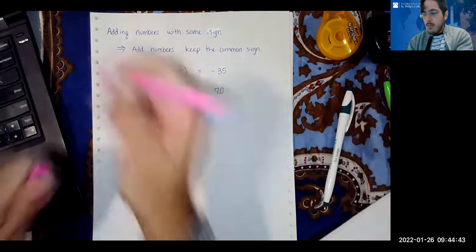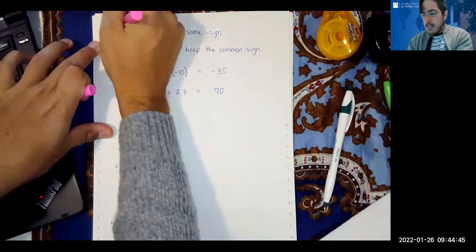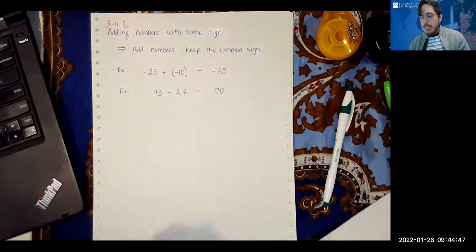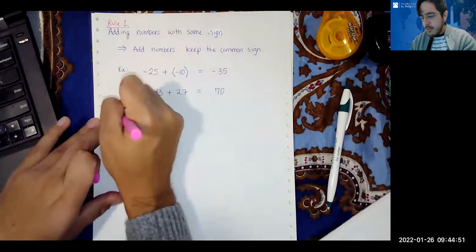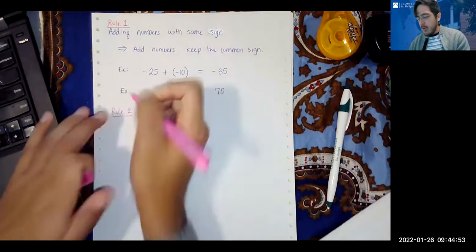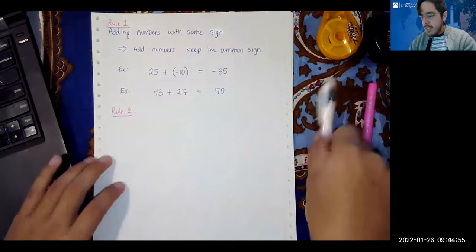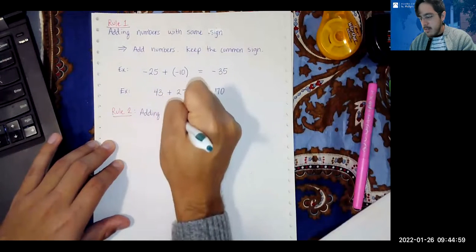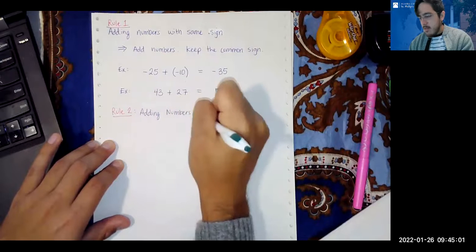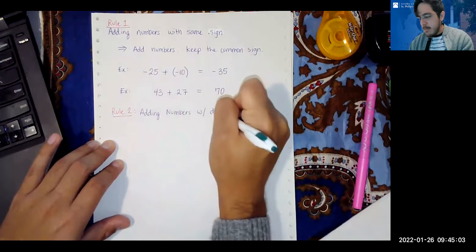So that's rule 1. Adding numbers with the same sign. Rule 2 is a little bit more complicated. This is adding numbers with different signs.